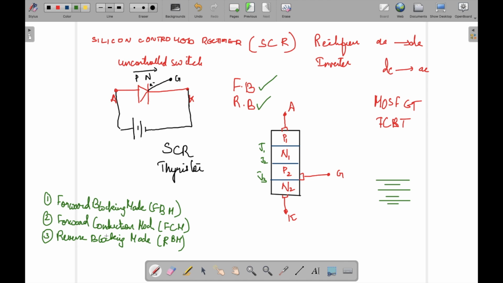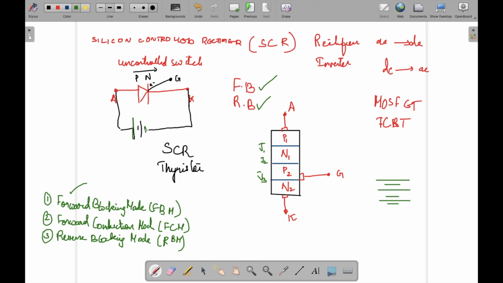Now when we talk about the first mode, let us try to analyze what that is. Here I want the operation to be forward. If we want the operation to be forward, the positive of the battery source, or whatever source it is, has to be connected to the anode, while the negative will be connected to the cathode.